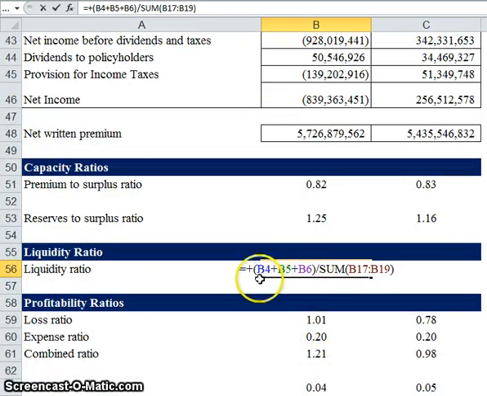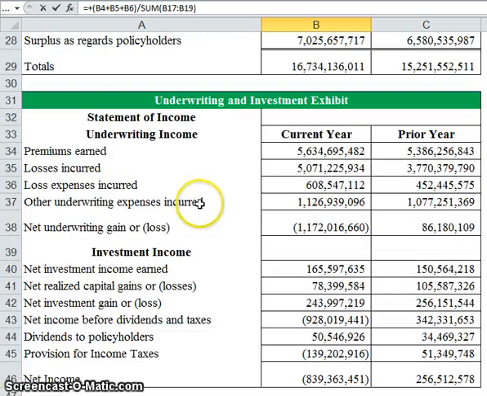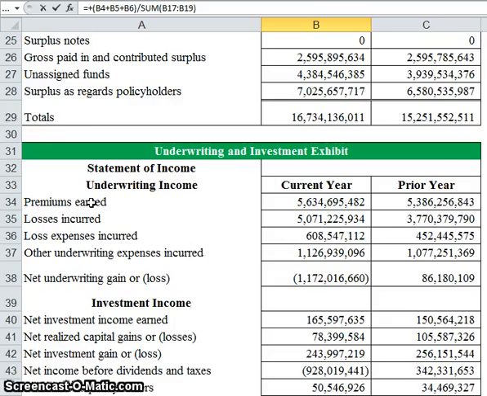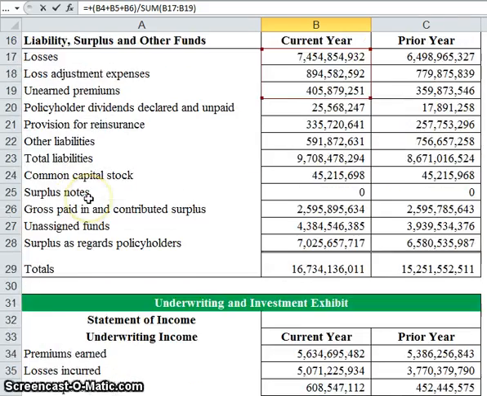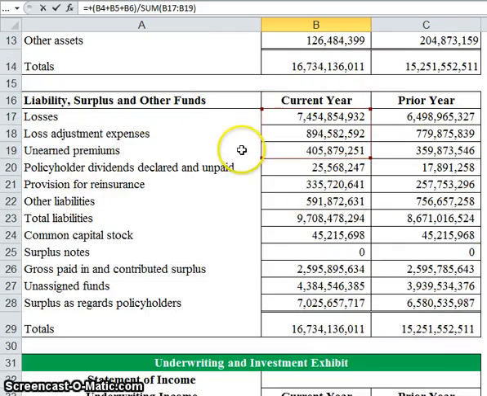Come down to our formula, blue, green, purple. Divided by the denominator, which is the sum of the three reserves we just talked about: losses, loss adjustment expenses, and unearned premiums, because these are the company's largest liabilities.